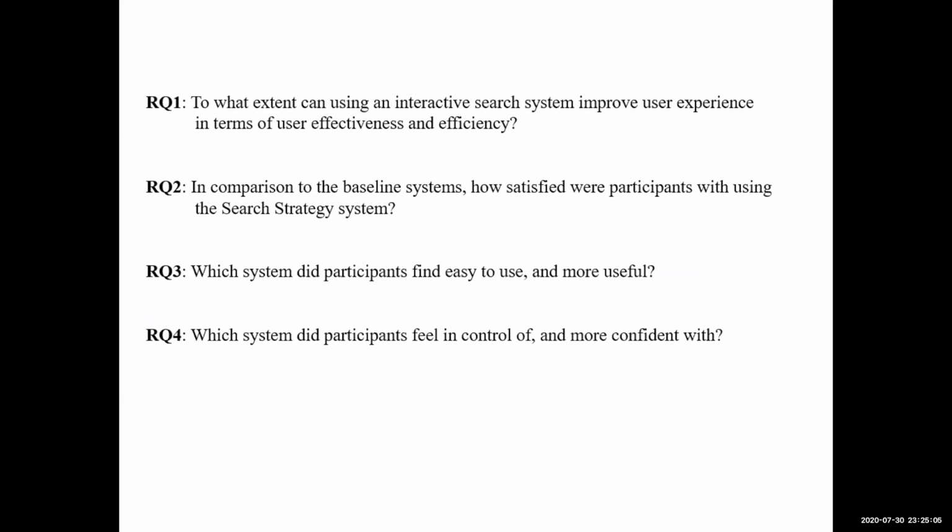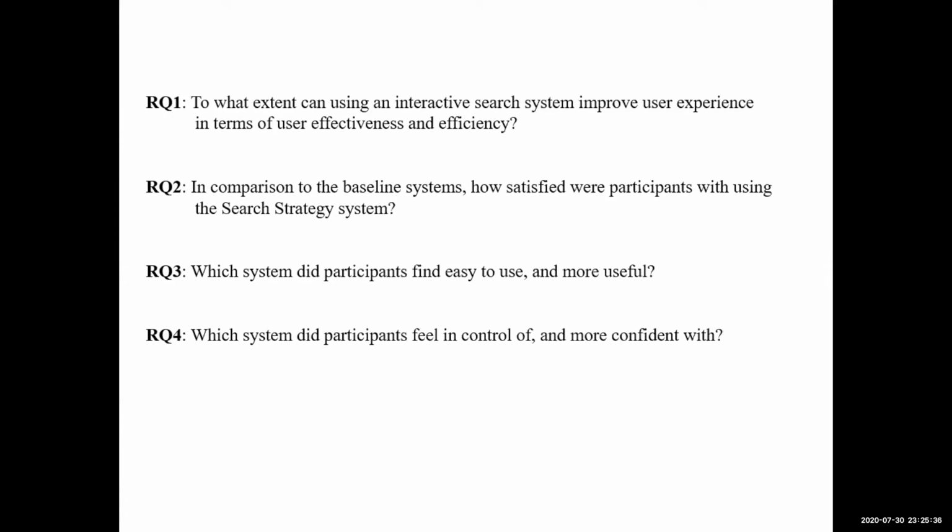This is in order to address the main four research questions. The first is how to improve the user experience over each system. The first system has no relevance feedback, without any engagement. The second system, from the baseline, has relevance feedback only at the assessment stage, which is the result panel.